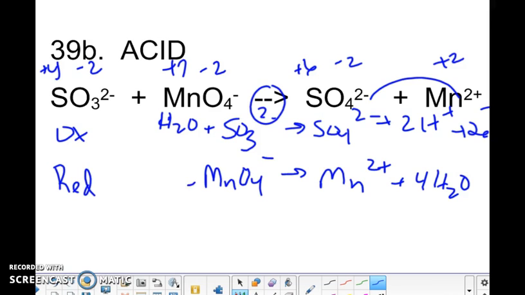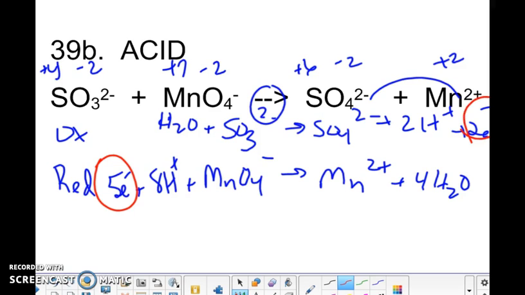So I have to add 8H plus over here. And if you check out your math, I believe I still need 5 electrons. Notice it's the same reduction equation every time. But what happens here? I have 5 electrons being gained, 2 electrons being lost. It doesn't work out. I need to multiply this by 5 and this whole thing by 2.